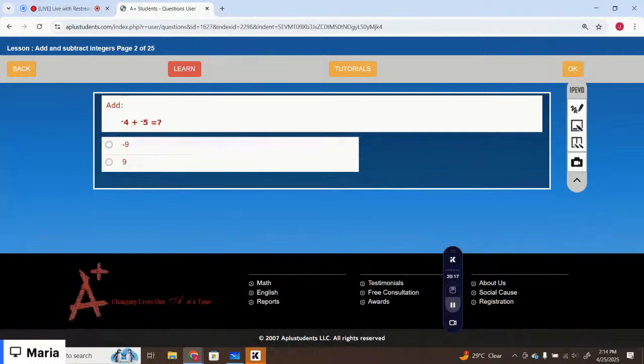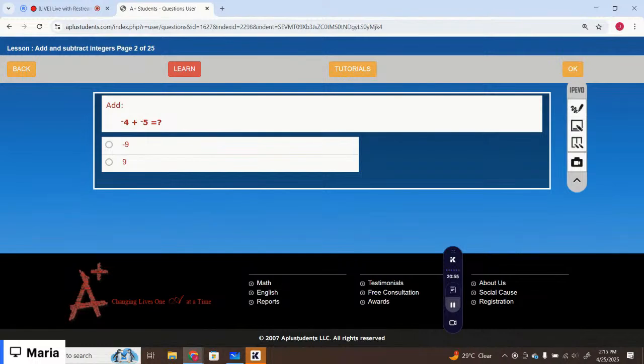-4 plus -5. You are adding two negative integers. Adding two negative integers means the answer must be negative because the greater number has a negative sign, and you have to add them. So -4 and -5 equals -9.